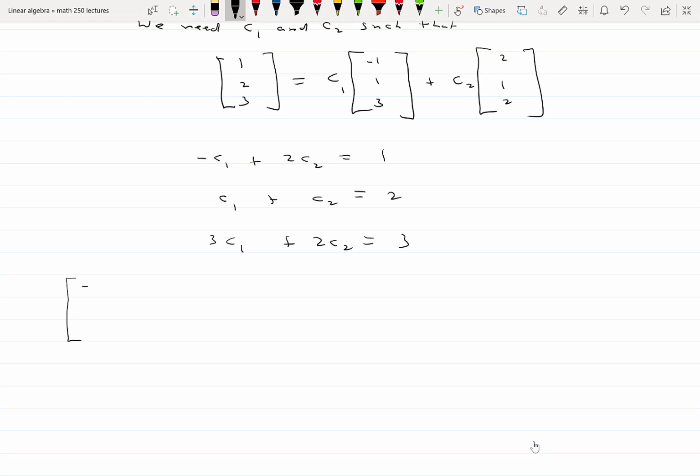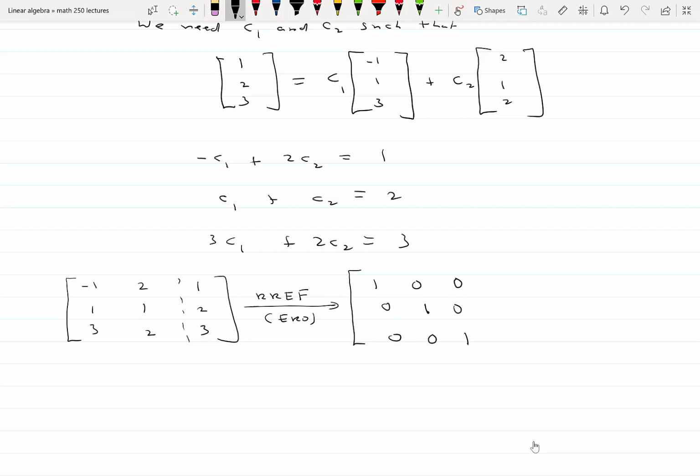I'm going to use the Gauss-Jordan elimination method on this. I did all the work for us, so we don't have to do any row operations. I'm going to produce the row reduced echelon form using elementary row operations, and what that turns out to be is 1, 0, 0, 0, 1, 0, 0, 0, 1.